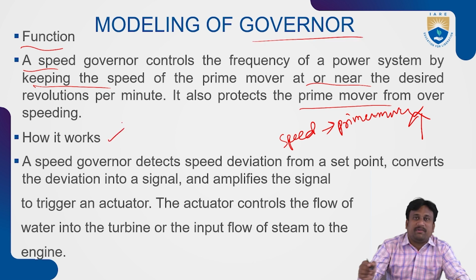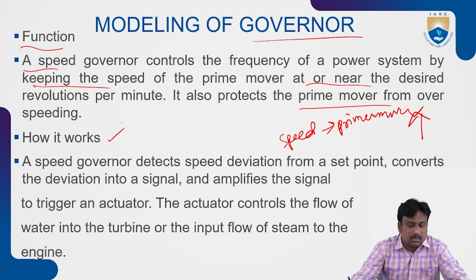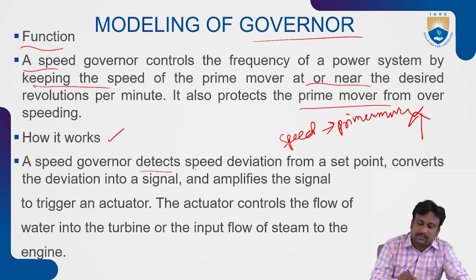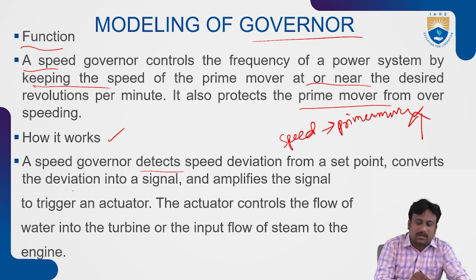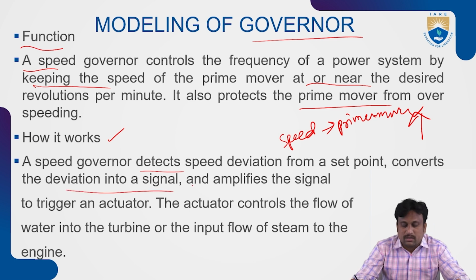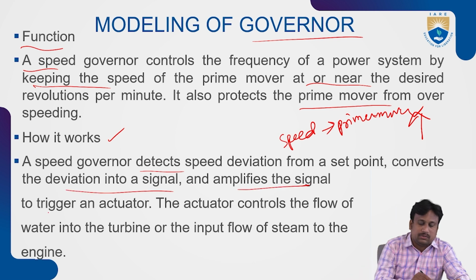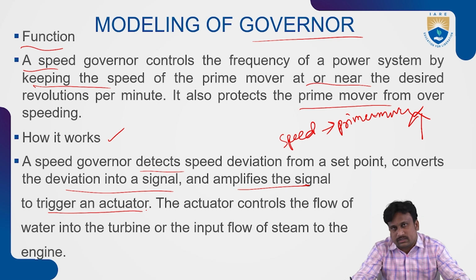So how does it work? A speed governor detects speed deviations from a set point, converts the deviation into a signal, and amplifies the signal to the trigger and actuator.